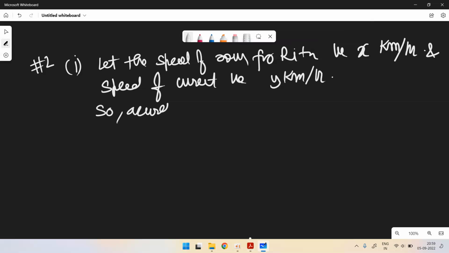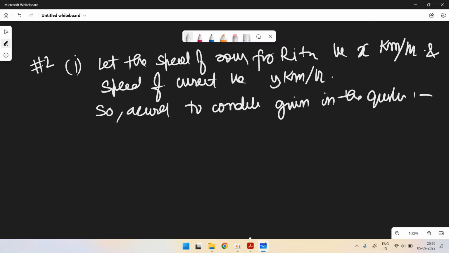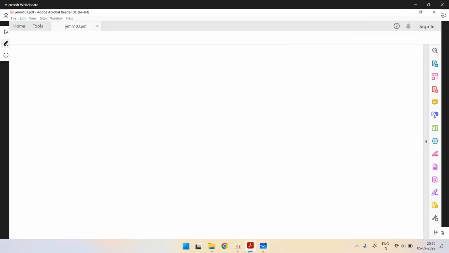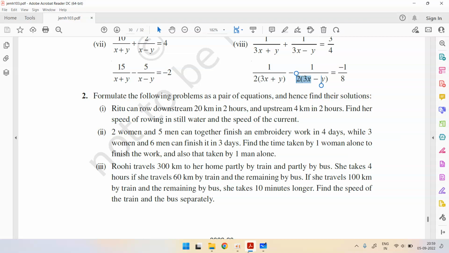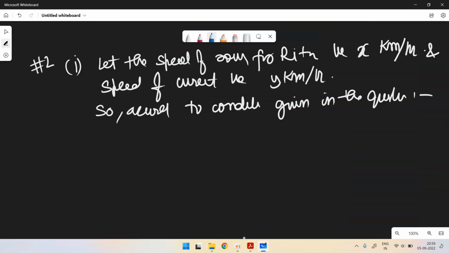According to the conditions given in the question, what will the equations be? So Ritu can row downstream 20 kilometers in 2 hours.